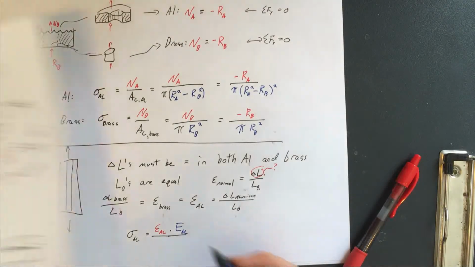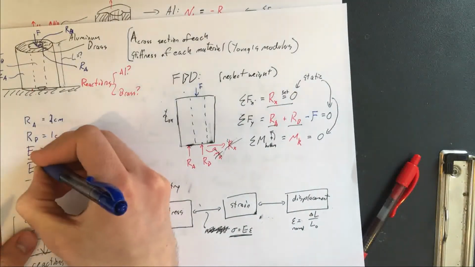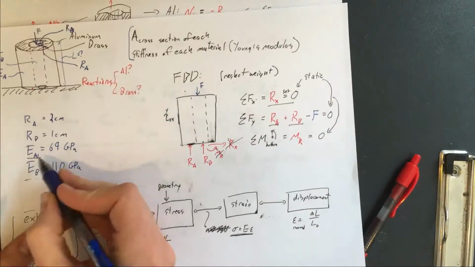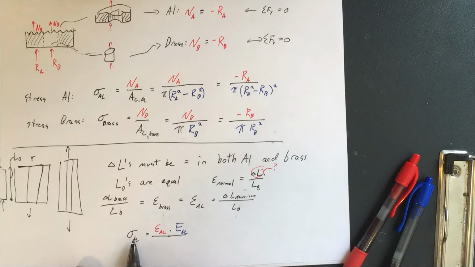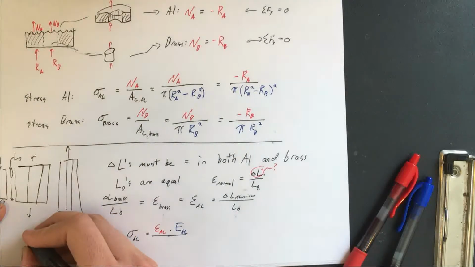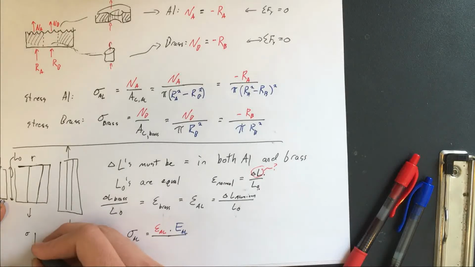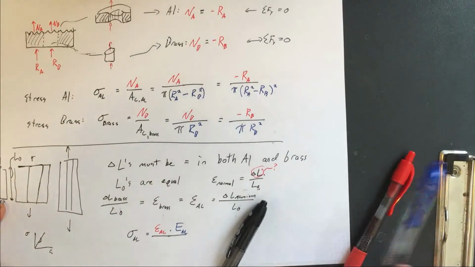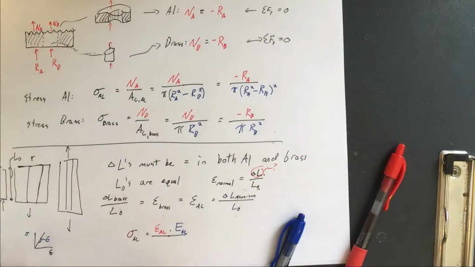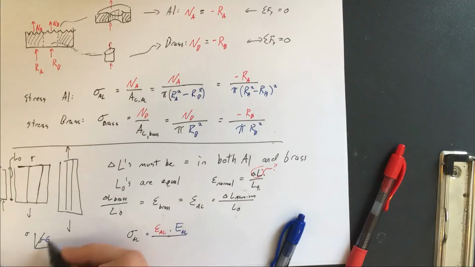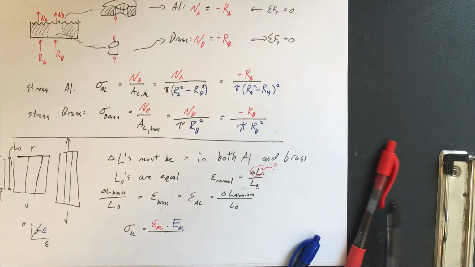The Young's modulus of aluminum is some property of the material that we can know. So stress is equal to strain times Young's modulus. If you plotted stress versus strain and had some slope, the slope of that curve would be the Young's modulus. So this is just the algebraic version of this graph.